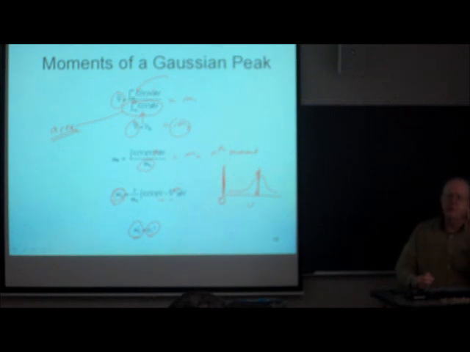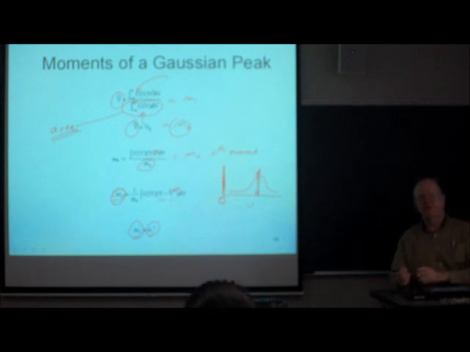The first moment of a Gaussian peak is identical to its retention volume, VR. The center of gravity and the position of the peak maximum exactly coincide. Not approximately. They are bang on. The second central moment about the center of gravity is the sigma squared of the Gaussian peak.